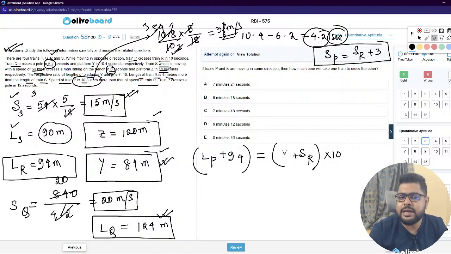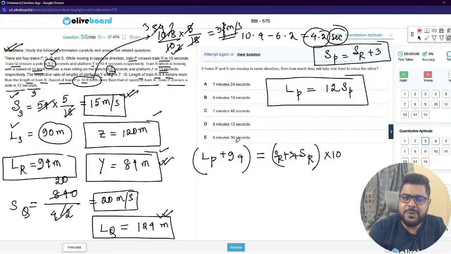So I'm just putting it there. So SR plus 3, sir. Correct? You see, I'm just doing this. Also, train P crosses a pole in 12 seconds. So length of P is 12 seconds time into speed of P.